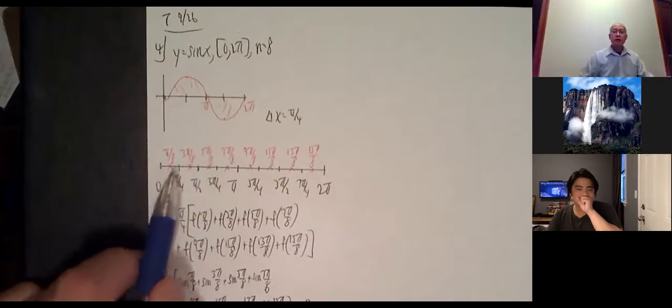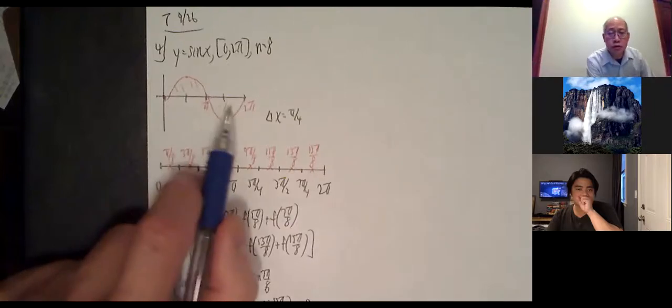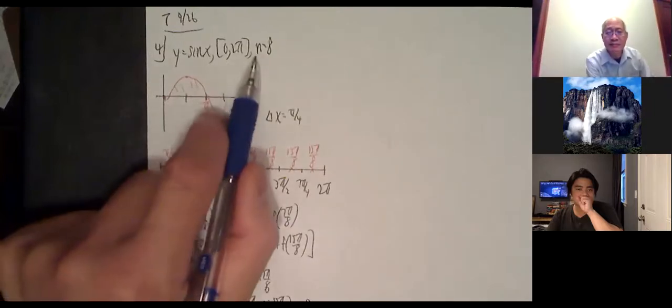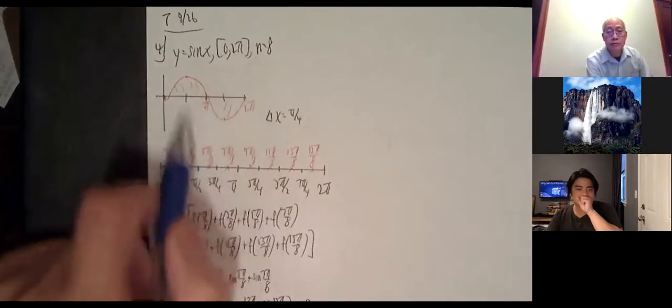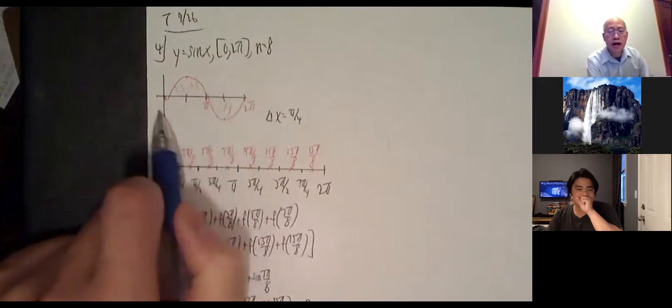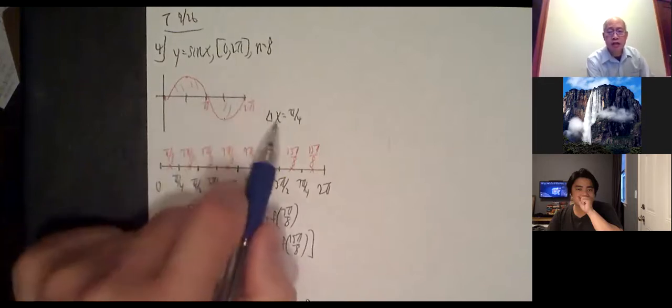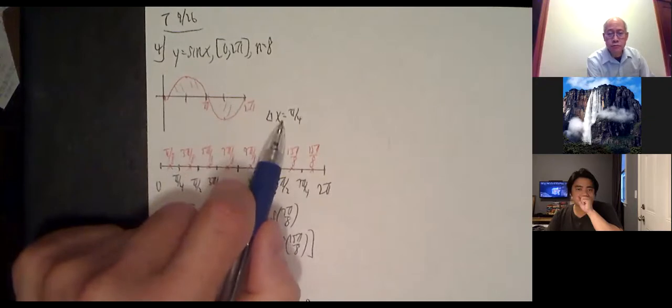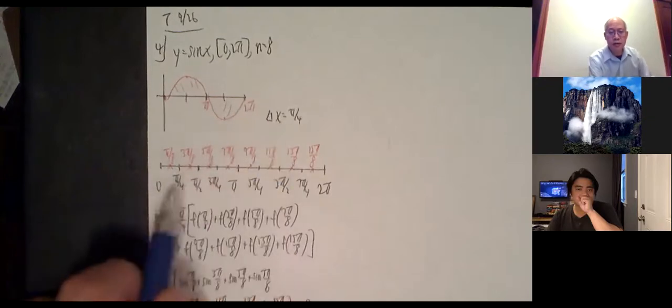Okay, midpoint. Chop this interval from 0 to 2 pi into 8 pieces. Oh boy. So it's 2 pi divided by 8, which is pi over 4. Okay, so this is kind of clumsy.